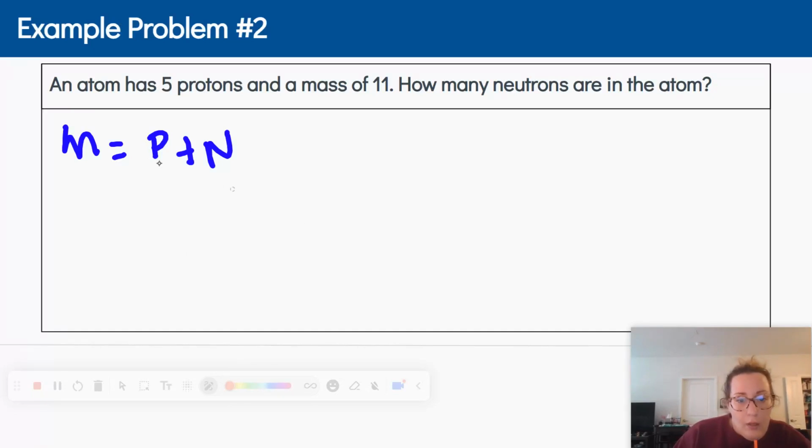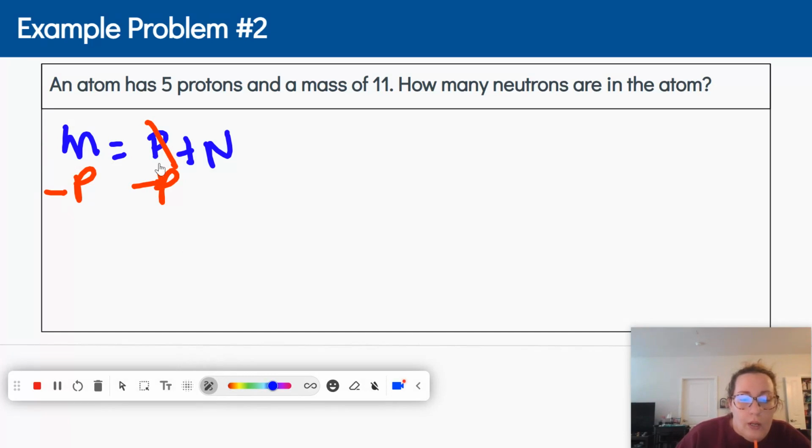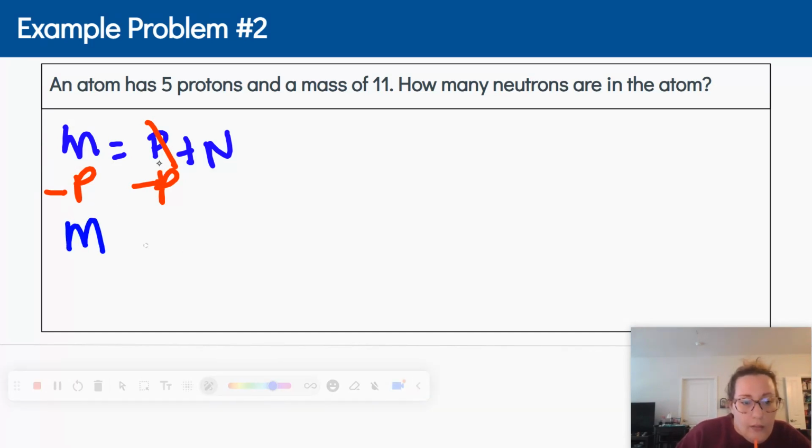If you are unpausing, you are reviewing your work and your answer with mine. So to get neutrons by itself, we have to get rid of protons from this side of the equation. So we're going to subtract protons on both sides, and that gives us mass minus protons equals neutrons.